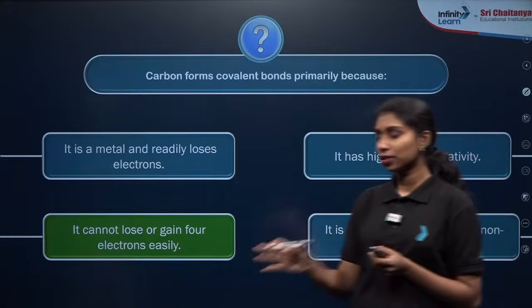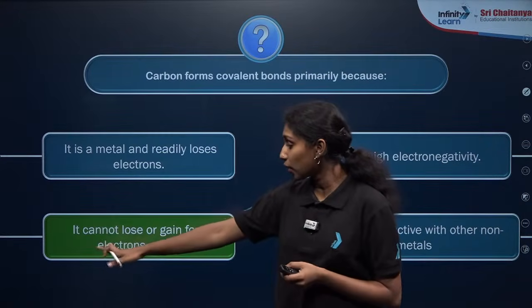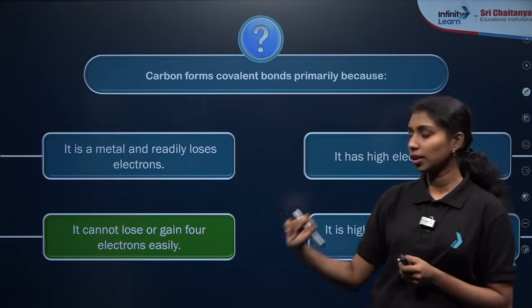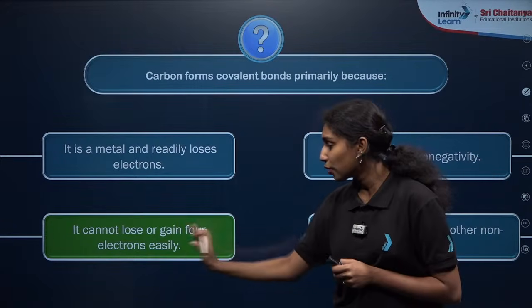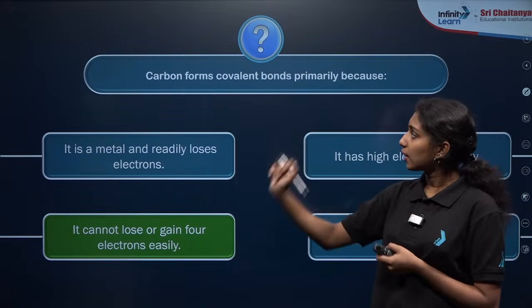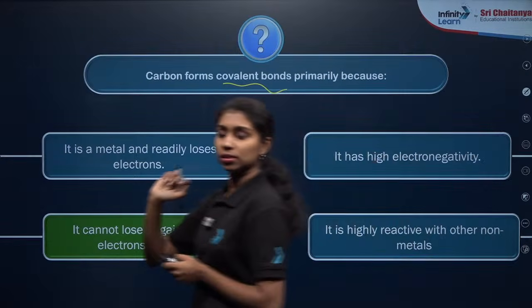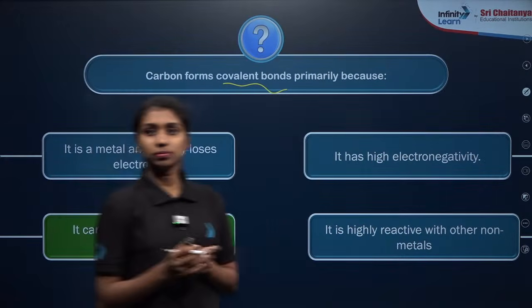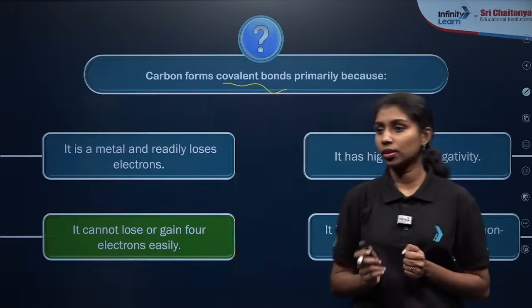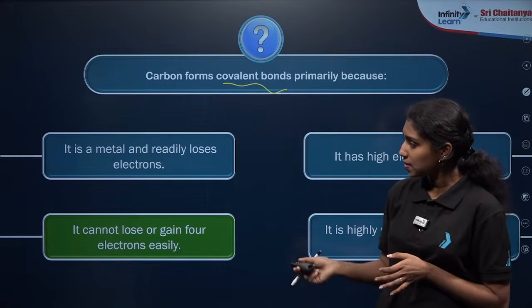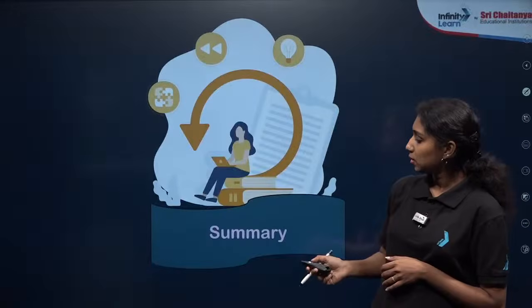Yes, sharing of electrons, or according to this question we can say that it cannot lose or gain 4 electrons easily, right? It cannot lose or gain 4 electrons easily, or it can share the electrons. That is the meaning of covalent bond. Is that clear? So option C will be the correct answer according to this question.